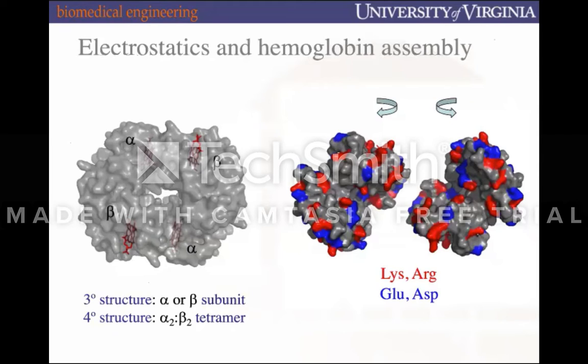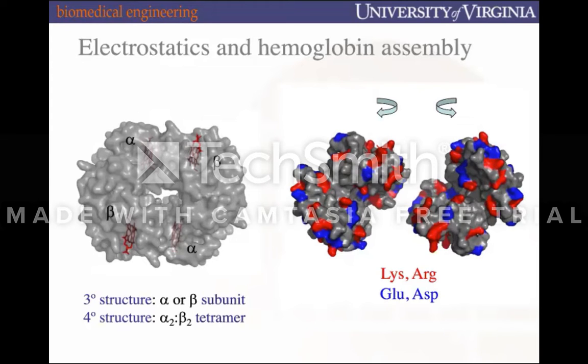So now we can look at these amino acids in the context of hemoglobin. On the left here, we have a surface map of a hemoglobin macromolecular protein. And I say macromolecular protein because hemoglobin is a tetramer, which means it has 4 protein subunits that come together to form hemoglobin.